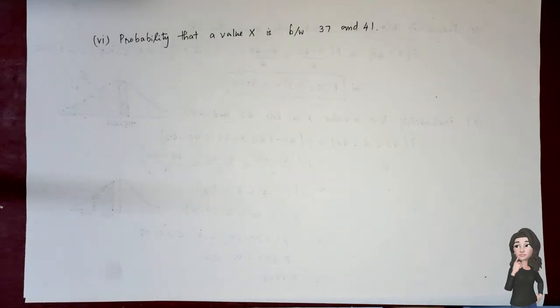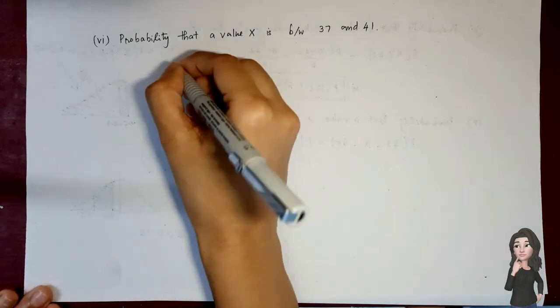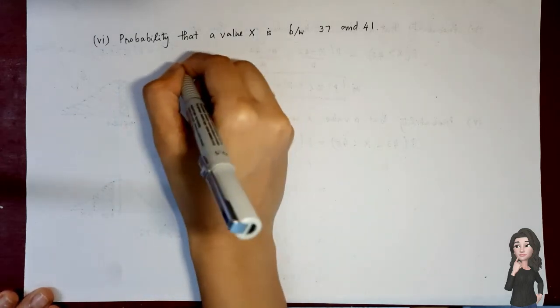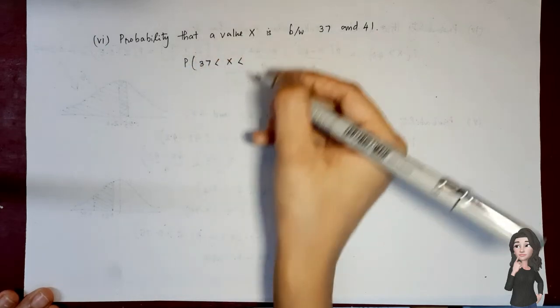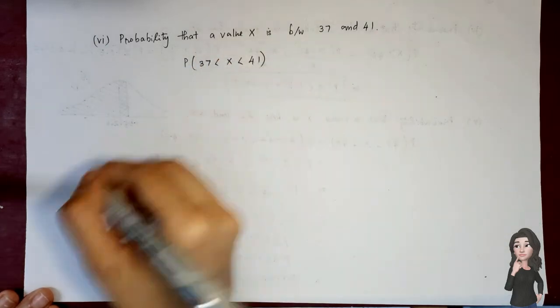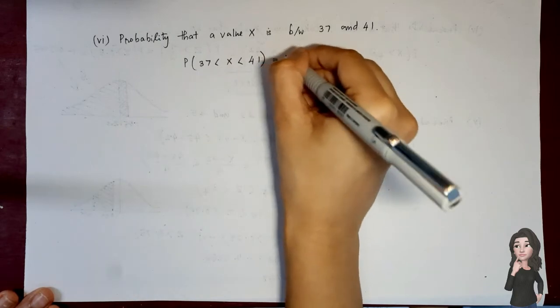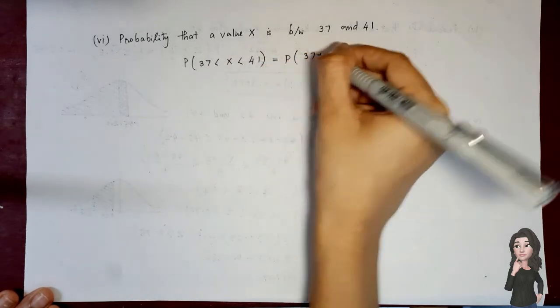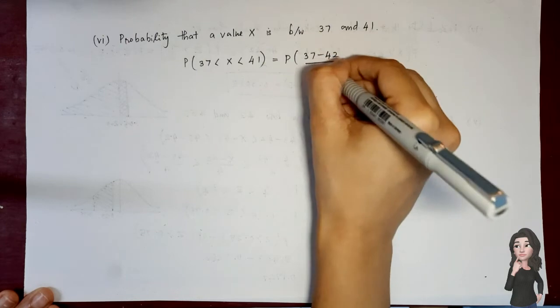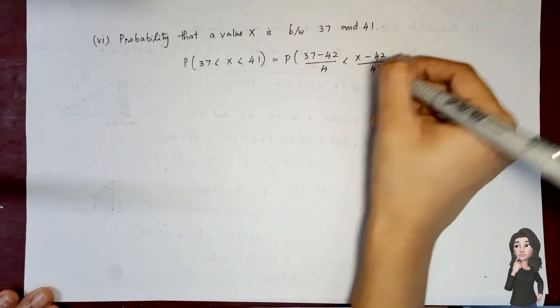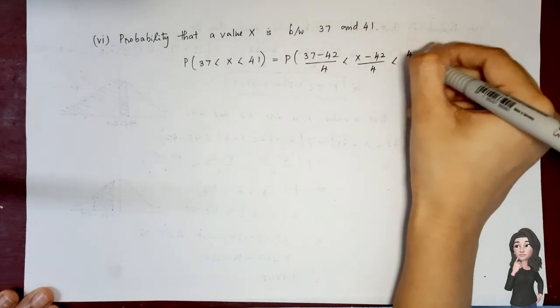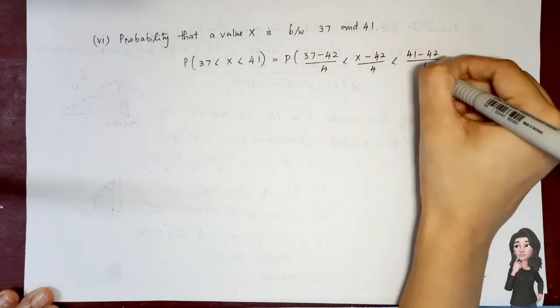Now we have to find the probability that a value x is between 37 and 41. As in the previous case, we write 37 less than x less than 41, which is equal to the probability of (37 minus 42) divided by 4 less than (x minus 42) divided by 4, which is less than (41 minus 42) divided by 4.